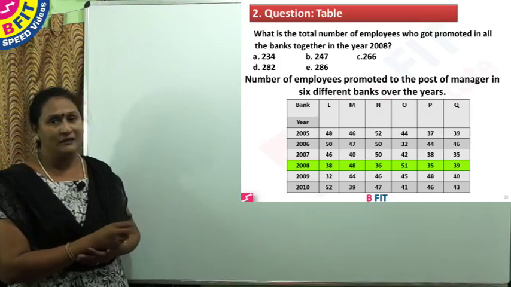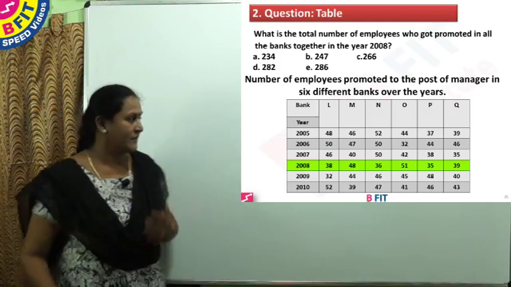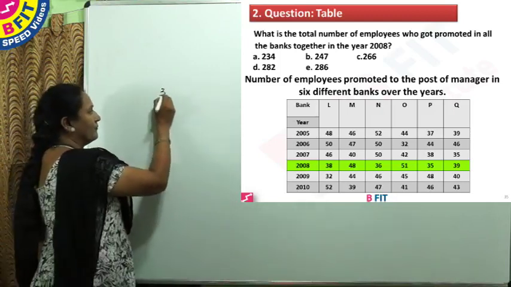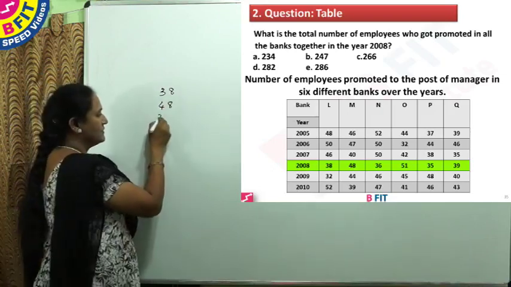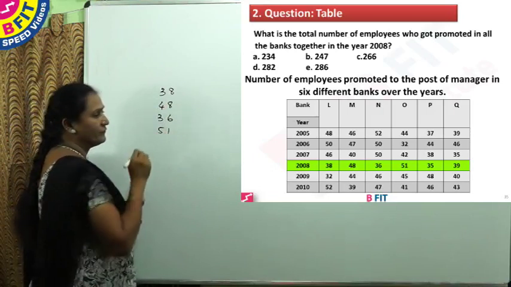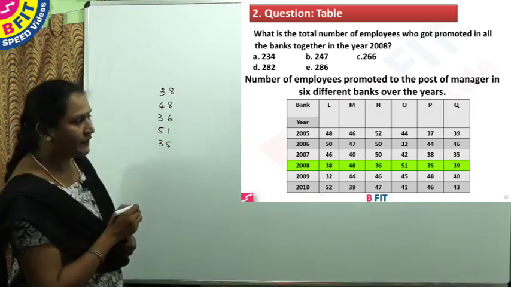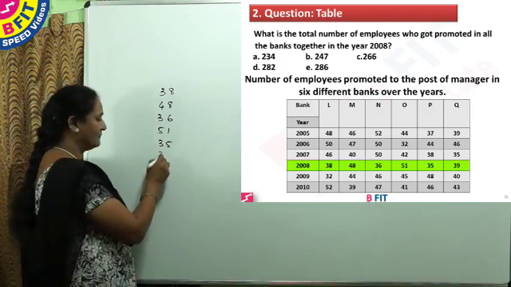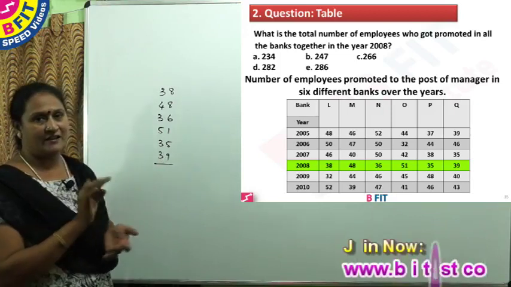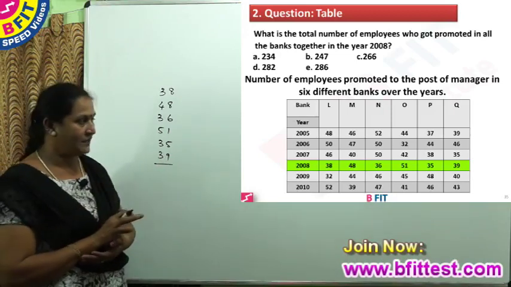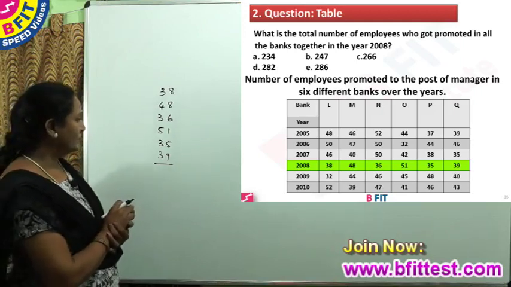The data given is 38, 48, 36, 51, 35 and 39. As just total is asked, it is not average or percentage, just sum is asked. So just adding this, we get the values.